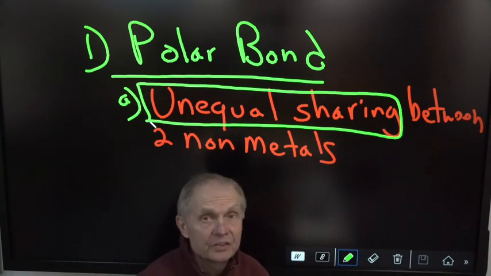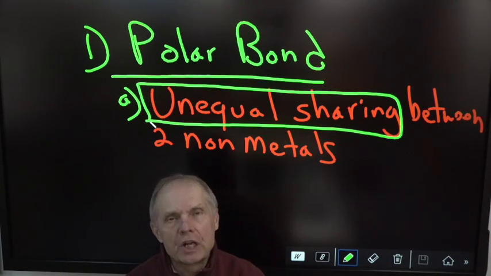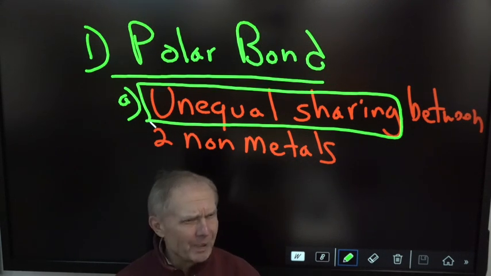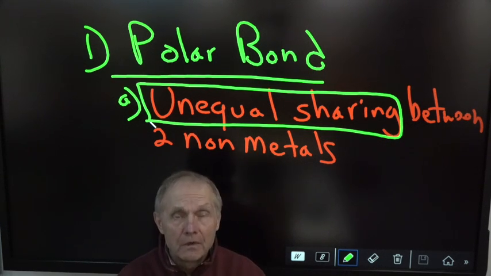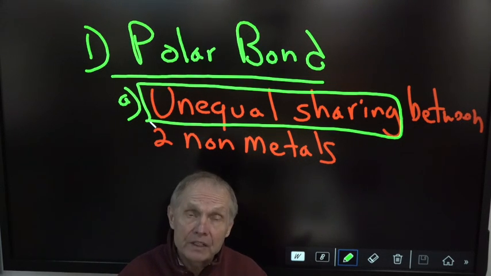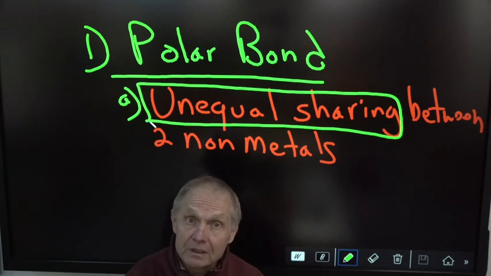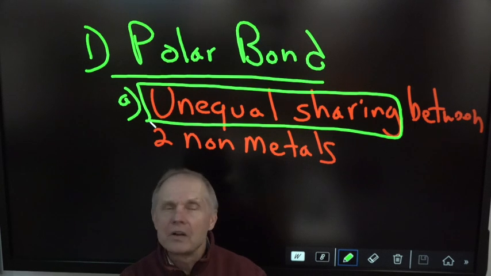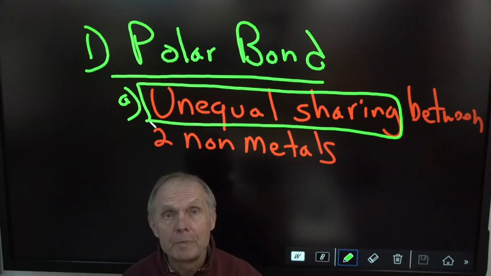And the biggie is, a polar bond has to be unequal sharing. One pulls harder than the other. So basically, if it's two different nonmetals hooked together, they're going to have different electronegativities. The one with the higher electronegativity is going to pull the shared pair closer to it. So any two nonmetals that are different and are hooked together, chances are it's going to be a polar bond.